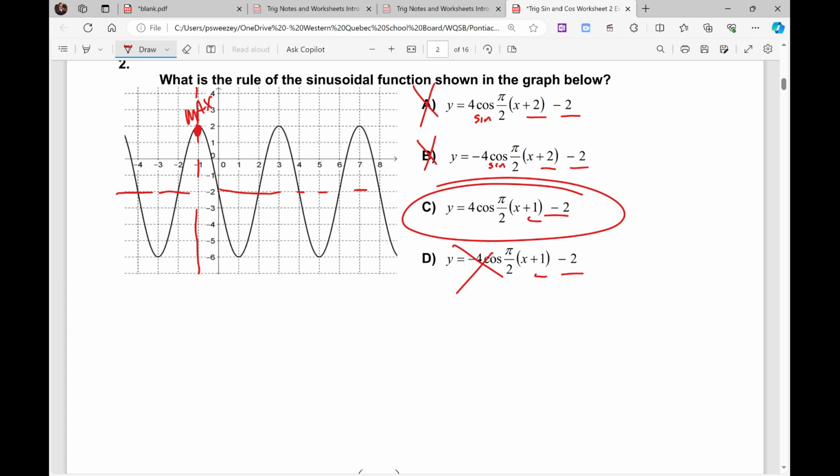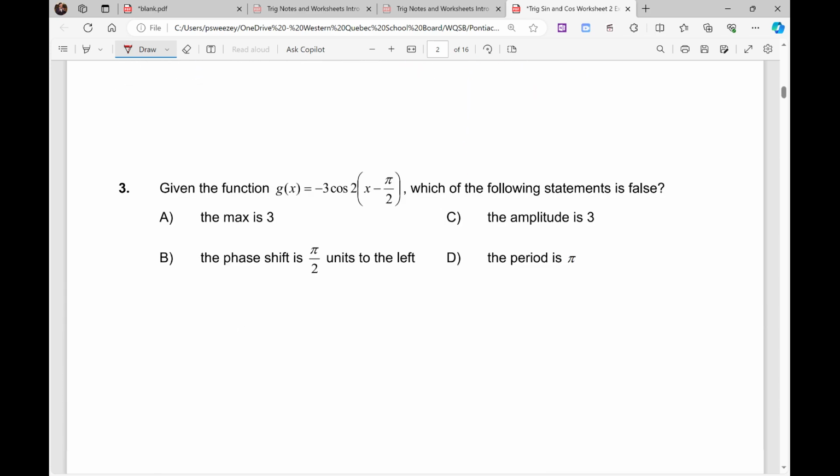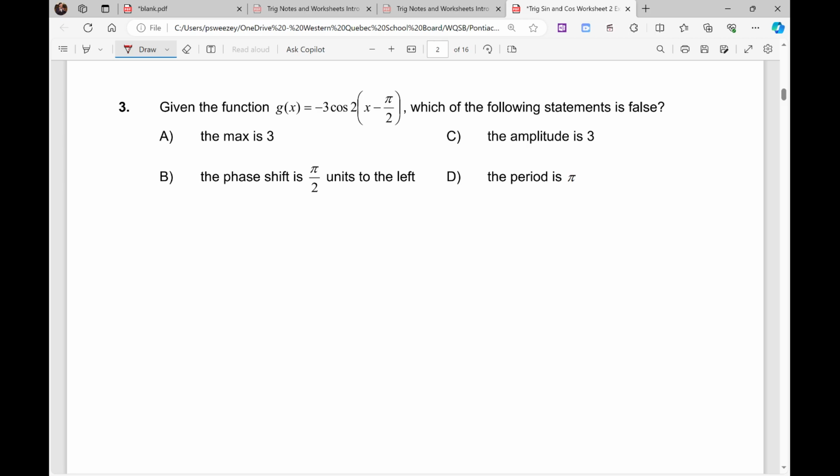So for this guy, you don't even have to do the B value and the period, strictly because we rejected these two based on the fact that they weren't starting at a place that would work for a cosine function. And we rejected the bottom one because I started at the maximum, so it can't be a negative A value. The last thing I'll go over is, for these guys here, what's the maximum?